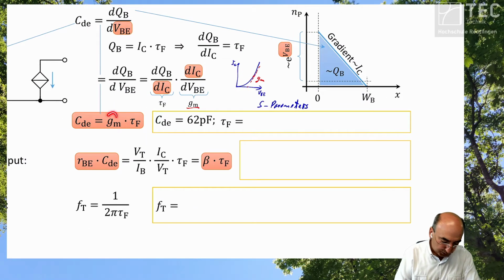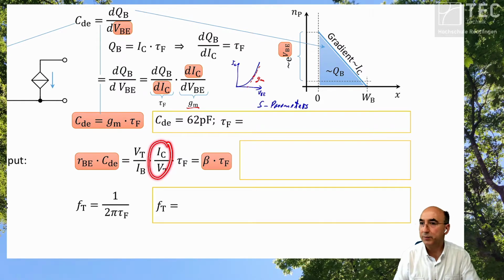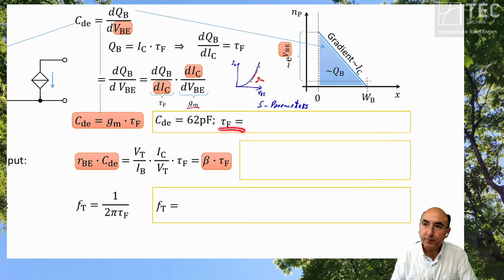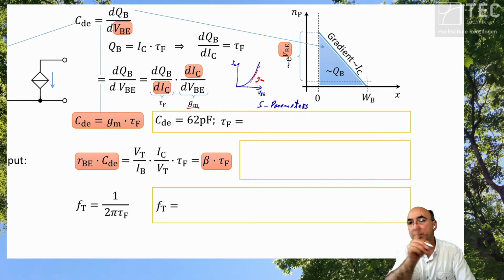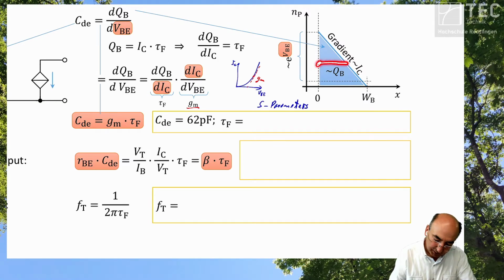And your transconductance, you can directly calculate here. We have learned that also. Give me, please, the transit time for the electrons through the base. So I'm interested in what is the time of the electron to flow through the neutral base.